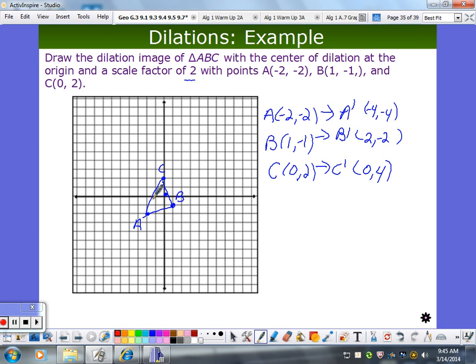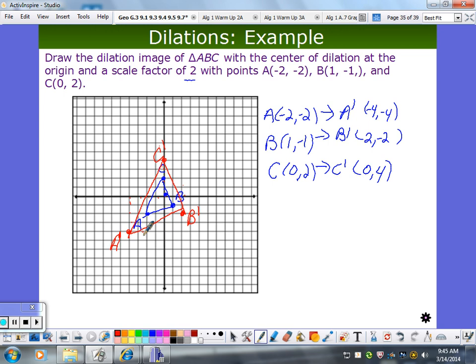So I'm going to do A. A prime is 1, 2, 3, 4. B prime is 1, 2, 3, 4. C prime is 0, 1, 2, 3, 4. So that is proportionally 2 times bigger, and they're all relative to the origin.